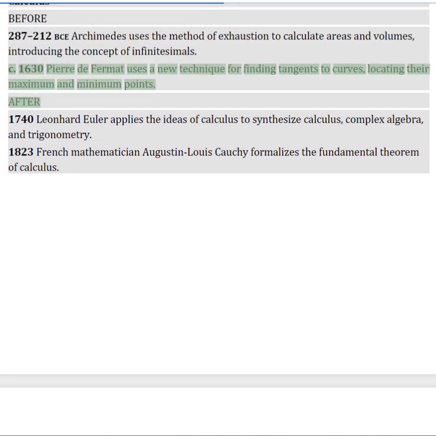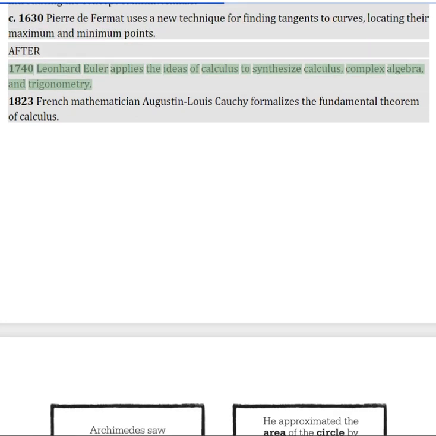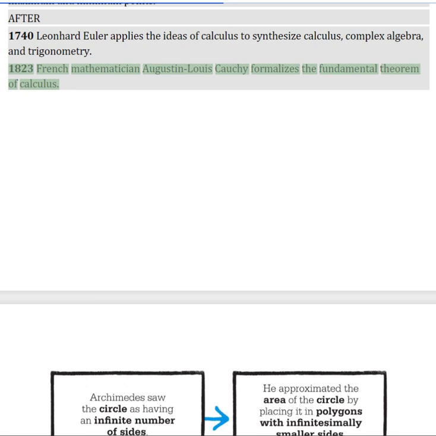Circa 1630: Pierre de Fermat uses a new technique for finding tangents to curves, locating their maximum and minimum points. After 1740: Leonhard Euler applies the ideas of calculus to synthesize calculus, complex algebra, and trigonometry. 1823: French mathematician Augustin-Louis Cauchy formalizes the fundamental theorem of calculus.